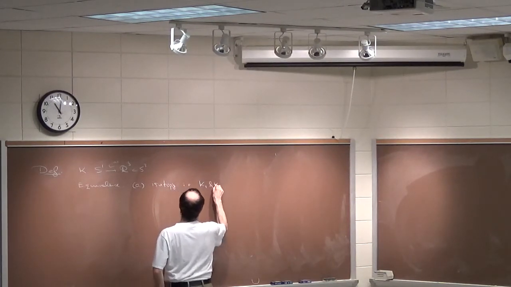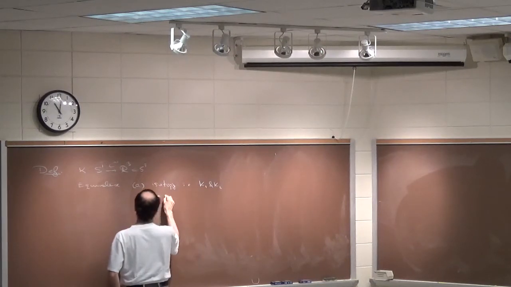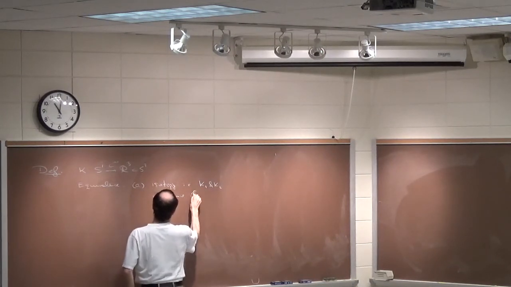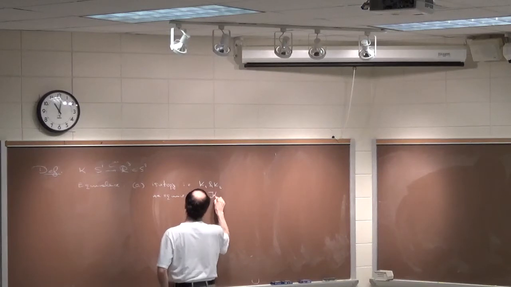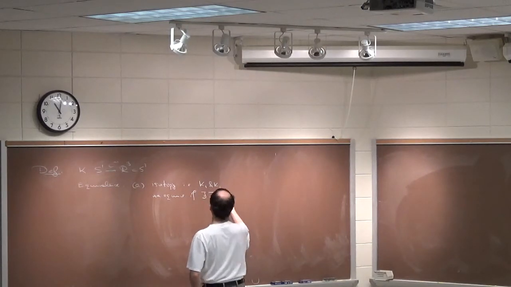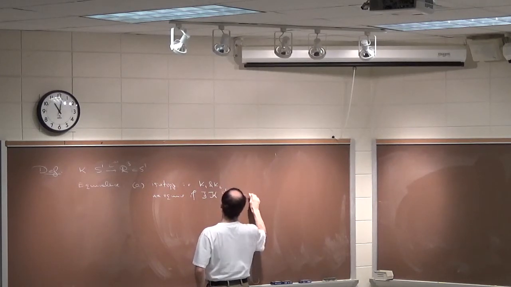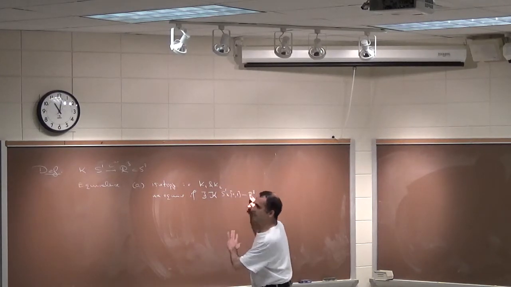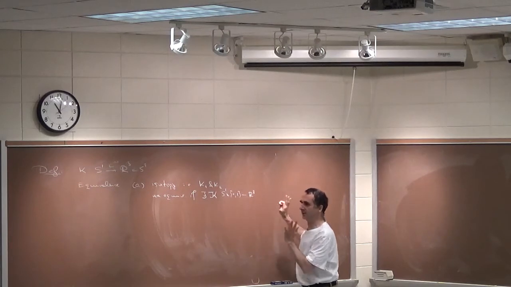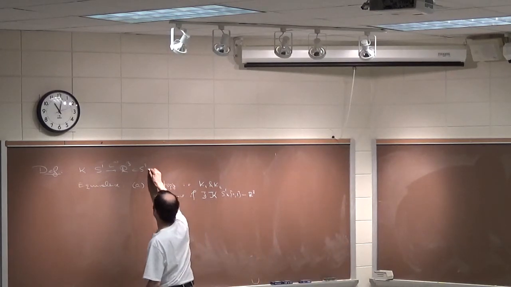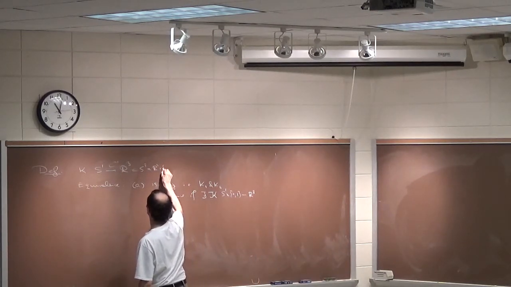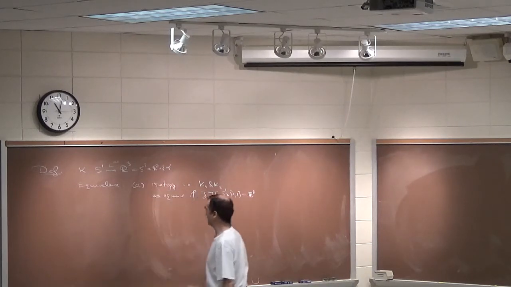K1 and K2 are equivalent if there is a map script K from S^1 × [0,1] to R^3. I will just jump back and forth between R^3 and S^3. There is no big difference. This is just the one-point compactification, so it doesn't make any difference in the theory.